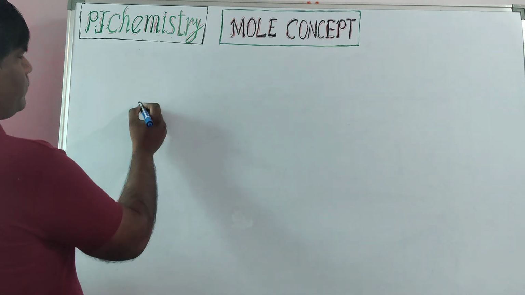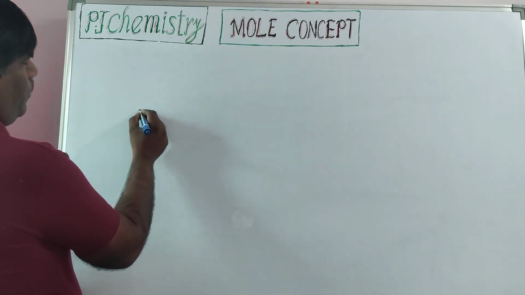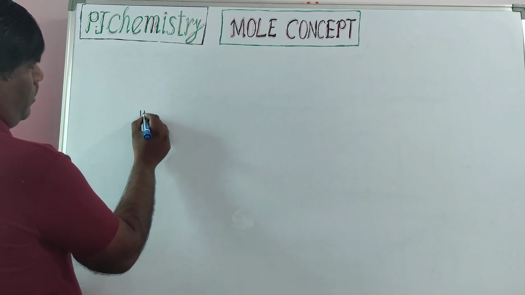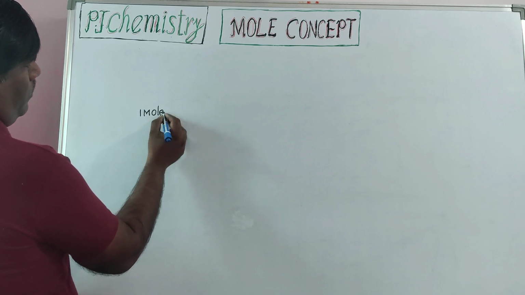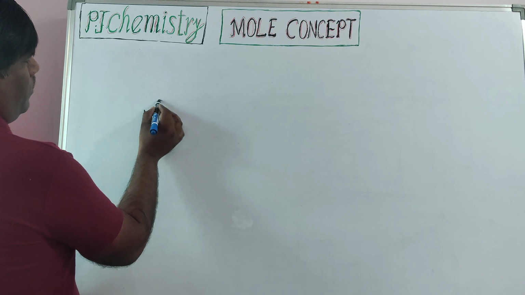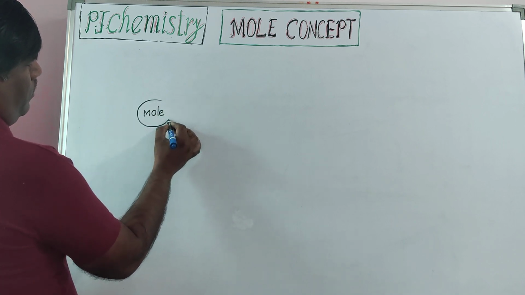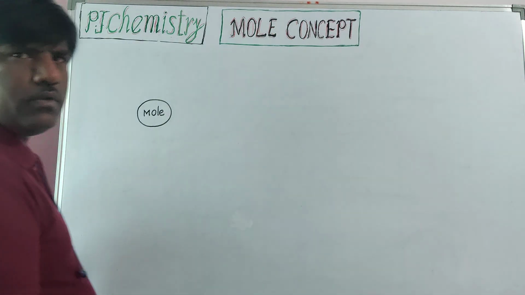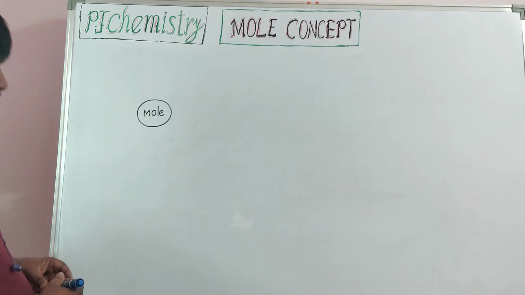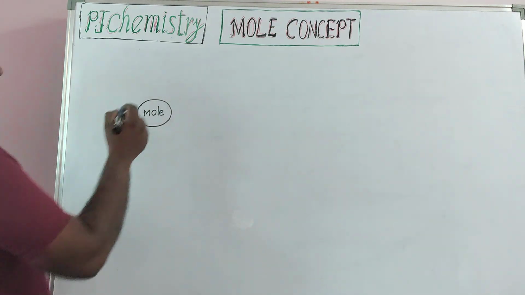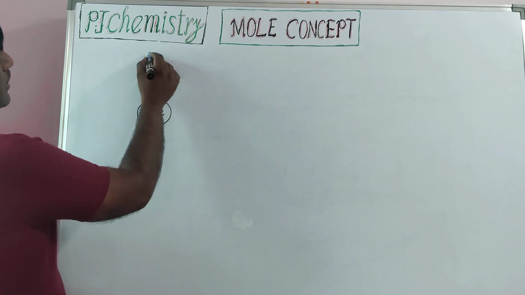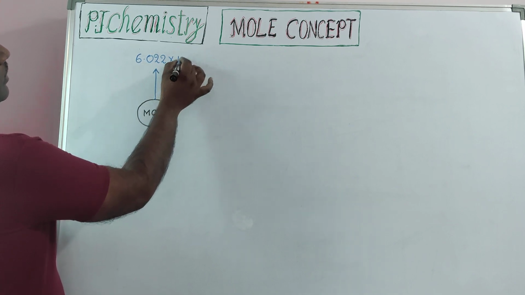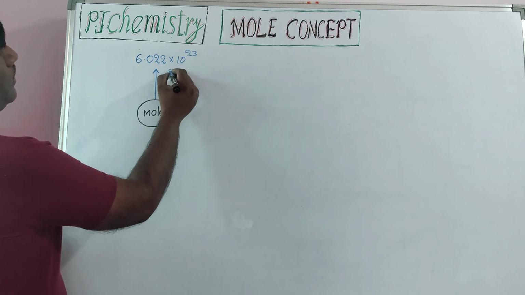First see here, children. One mole is equal to how many particles? 6.022 into 10 to the power of 23 particles.